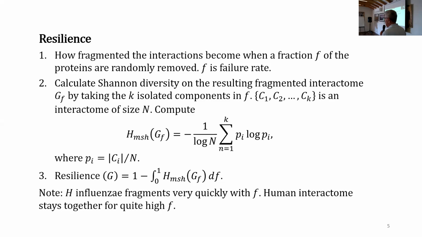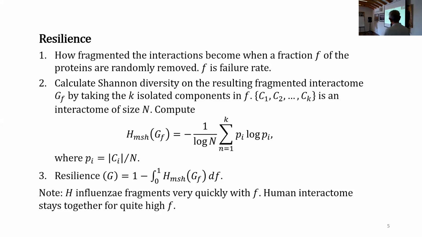Now, what we've defined here is something that hasn't been used in molecular evolution before. It's a thing we call resilience. If you have a network which comprises all of these protein-protein interactions, and you make a removal of a fraction f, that's like the failure rate of the network.